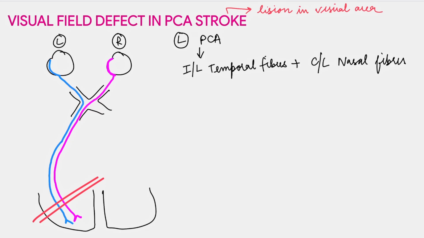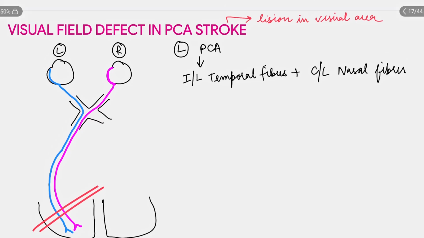This is very important when we talk about MCA stroke visual defect, because there things get a bit complicated. So temporal fibers will be carrying the nasal visual field, and nasal fibers will be carrying the temporal visual field.